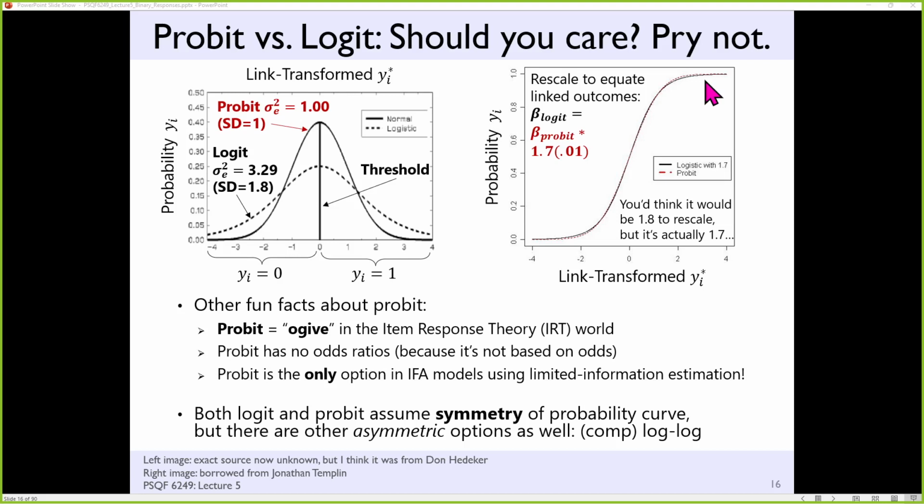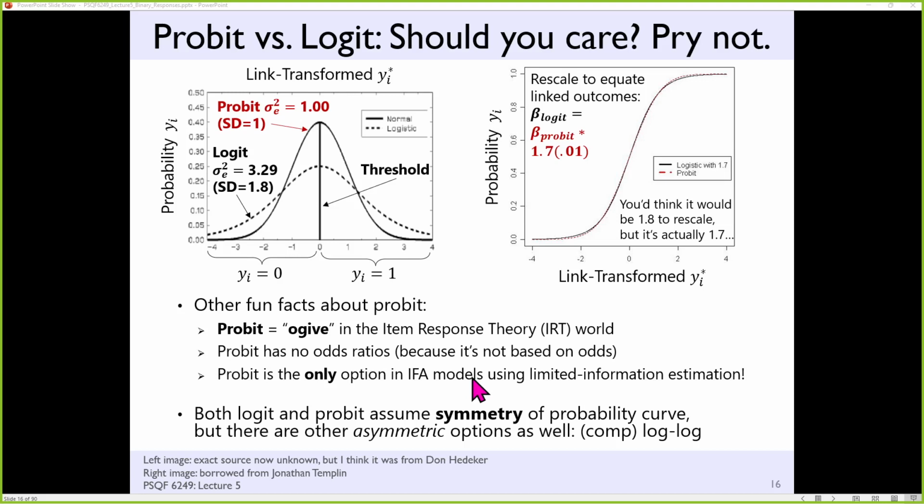And that's why the people who made the intro stat textbooks were like, yeah, I know that's not going to happen, so let me just give you a table. So there's no easy way to get back to probability in probits. There's no odds ratios because it's not based on odds. Now, why would I even bother to teach this to you? Because for certain combinations of models, you don't get a choice. You're stuck in probit. That's why.